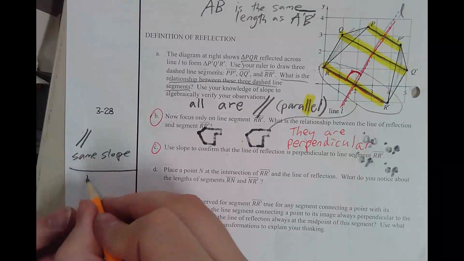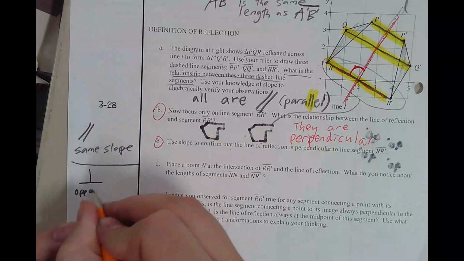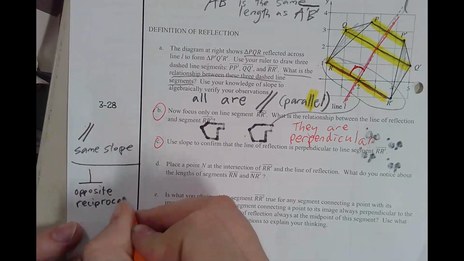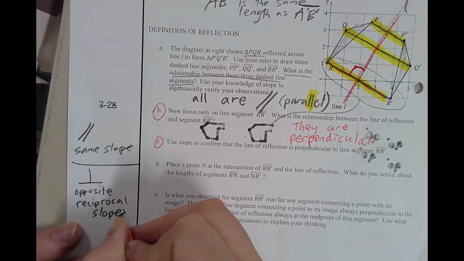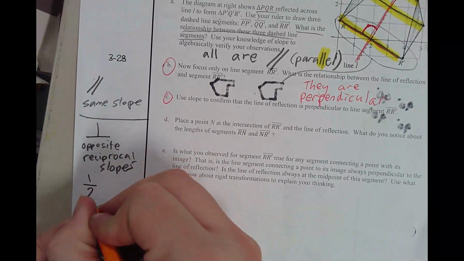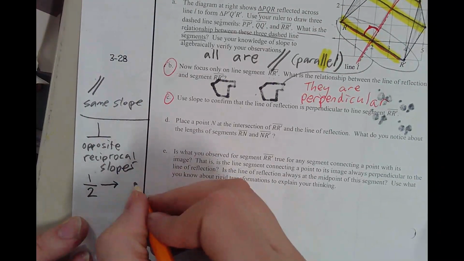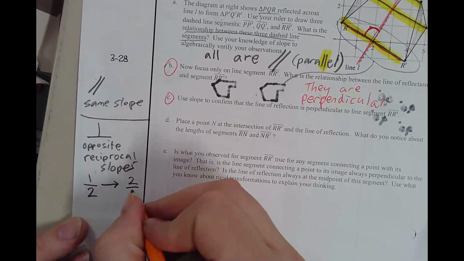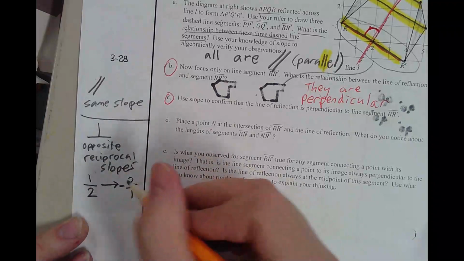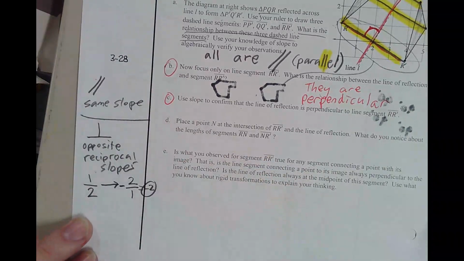But to be perpendicular, we need to have opposite reciprocal slopes. Some examples that we went over last time was, if it's 1/2, what's the opposite reciprocal of that? We got to flip over the fraction, and we also have to do the negative version of that, the opposite. So it's -2/1. What's -2 divided by 1? -2. That's an example.